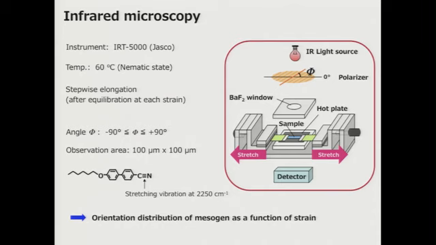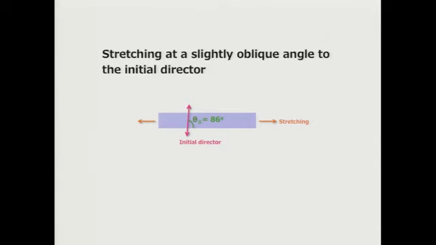This bond is parallel to the long axis of the mesogen, so it can be used to characterize the mesogen orientations. So we measure the absorbance of these vibrations. The wavelength is here.